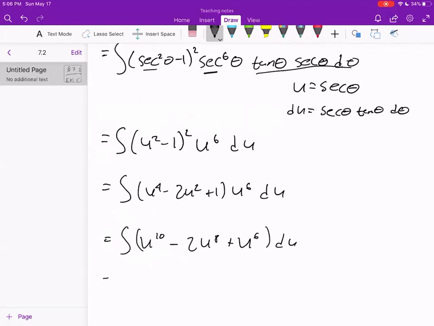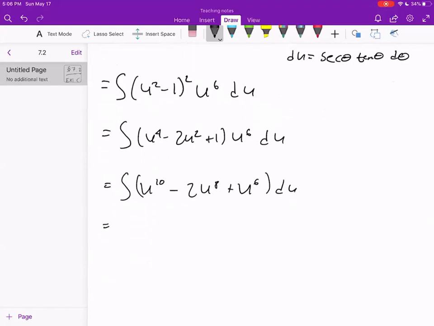And then when I integrate, I'm going to get u to the 11th over 11 minus 2 over 9, sorry, u to the 9th, plus u to the 7th over 7, plus my integration constant.